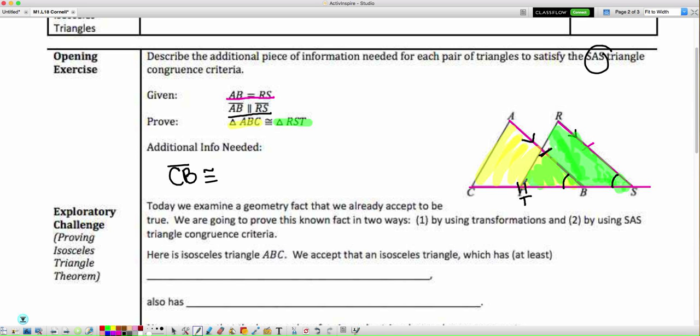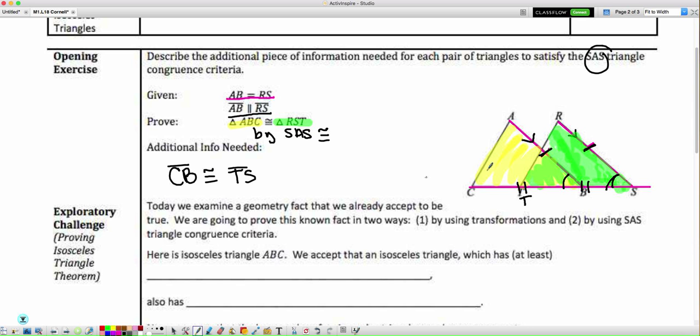This is T, so since I know this side and this angle, the other side I would need to know is from T to S. I would need to know that it is congruent to this CB. If I knew that, then this information plus those angles plus the lines that were given is enough for me to say that those triangles are congruent to each other by SAS.